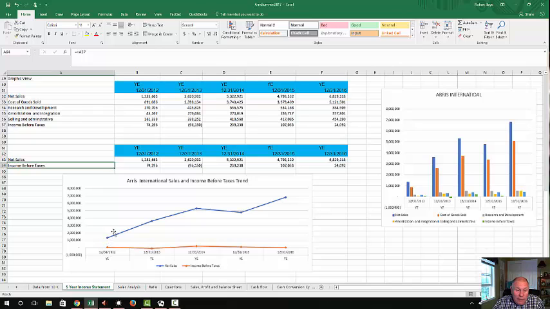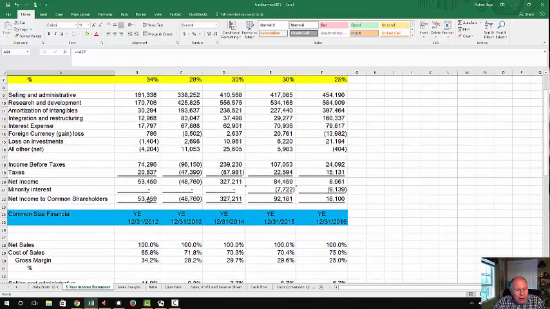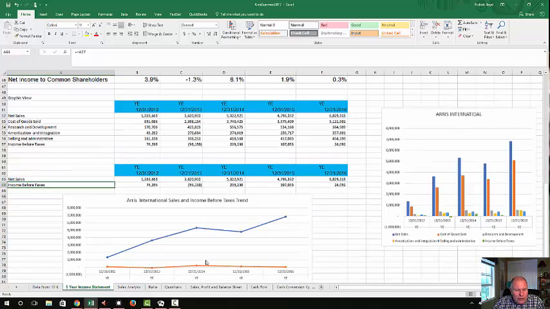Because you would expect that if sales are going up, that there'd be a direct relationship to higher income. And we're not seeing that. So sometimes that chart shows you that much better than you could here. You can eyeball this, but right here is where you see it coming down, that it's more meaningful.